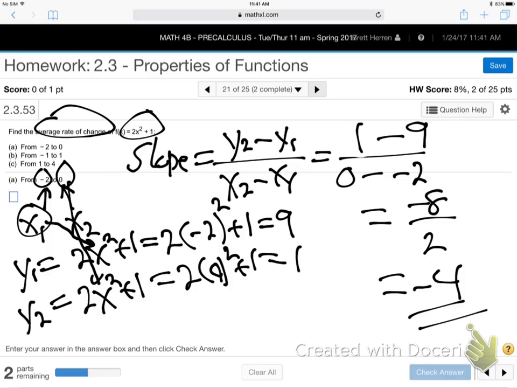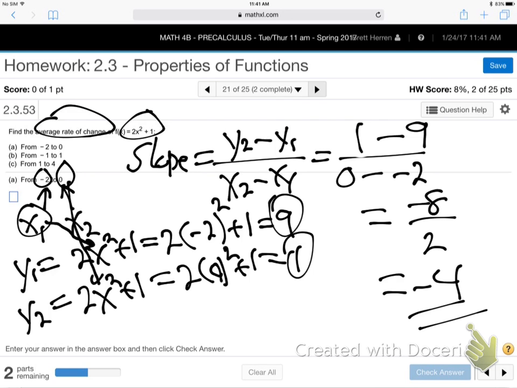Good with all that? Question? So y2 came out 1, and y1 came out 9. Yeah, so it's y2 minus y1 over x2 minus x1. We good there? So we did one of these before, so you've kind of seen it again.